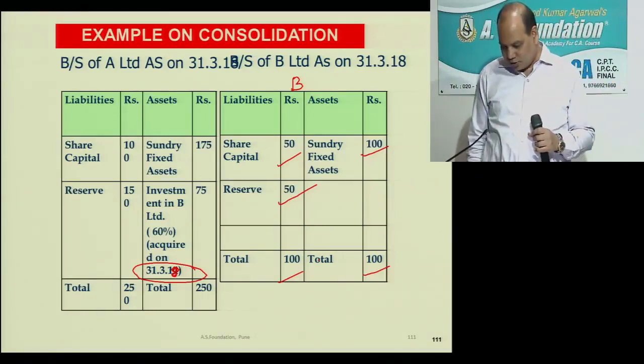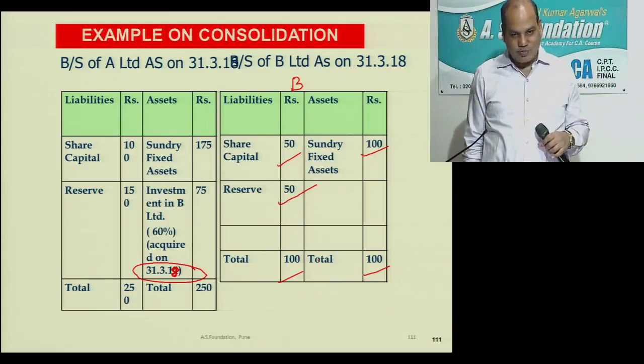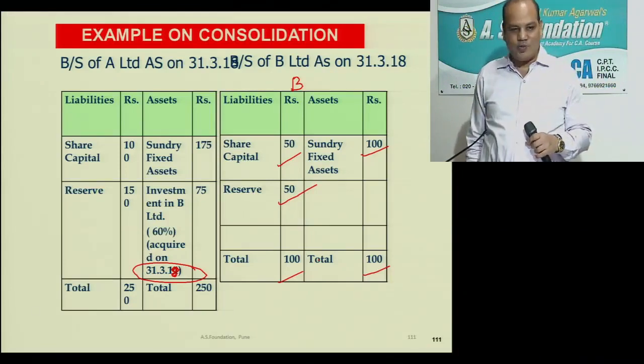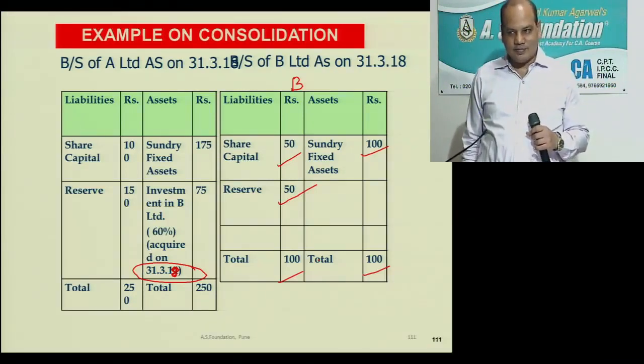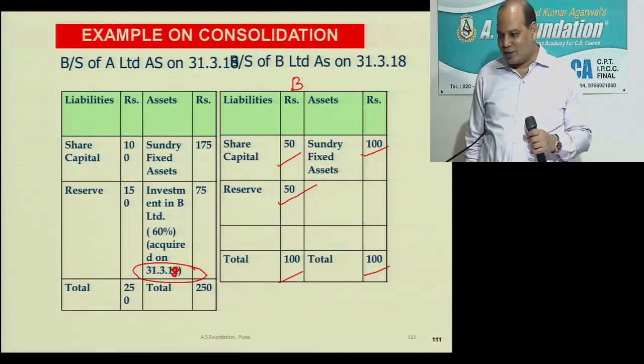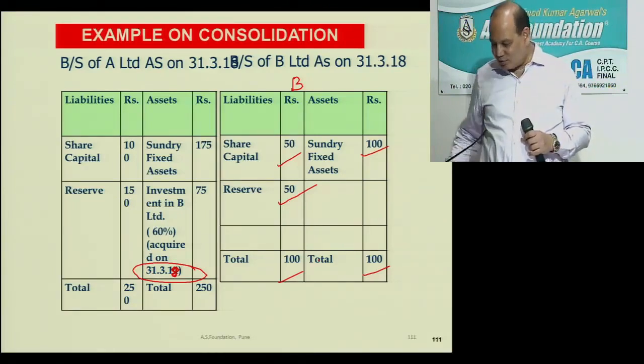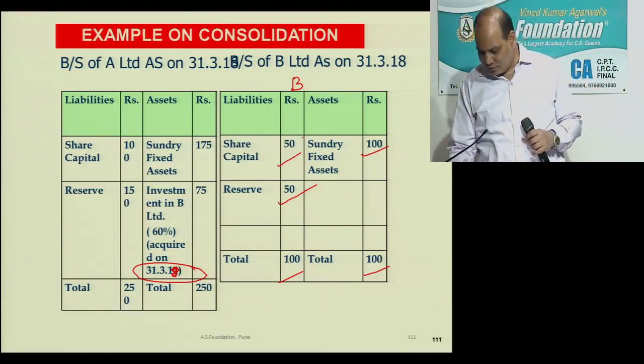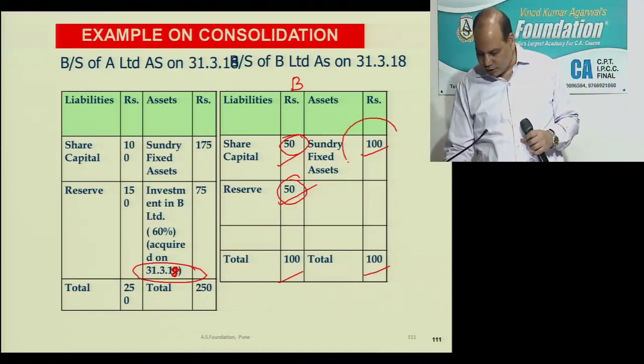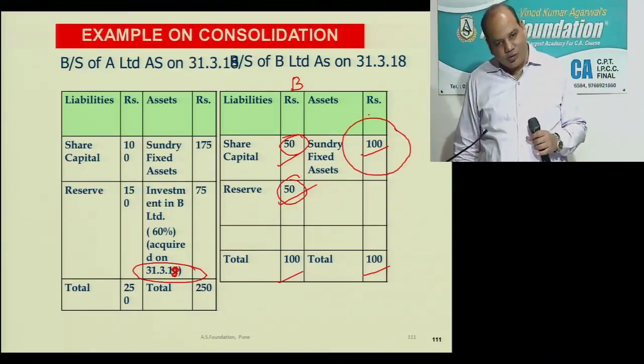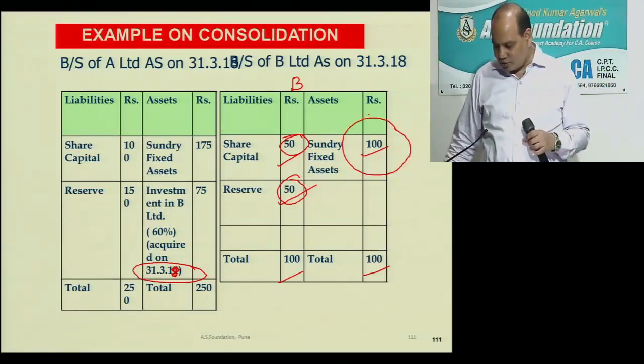How did you reach that magic number 100? Is it printed in the notes or is it because you applied your own intelligence? But I think it is printed also. Yes. Otherwise you take this 50 plus 50 and multiply by 40%, or directly take this 100 and into 40%, doesn't matter, whichever is convenient to you.